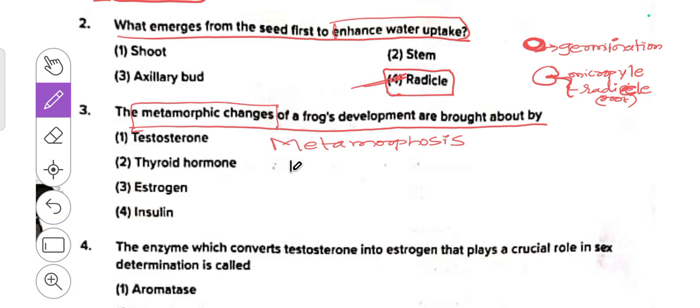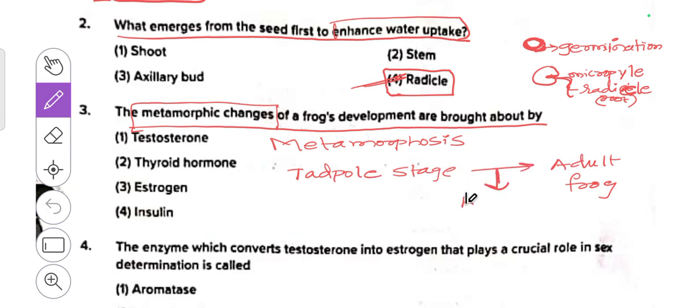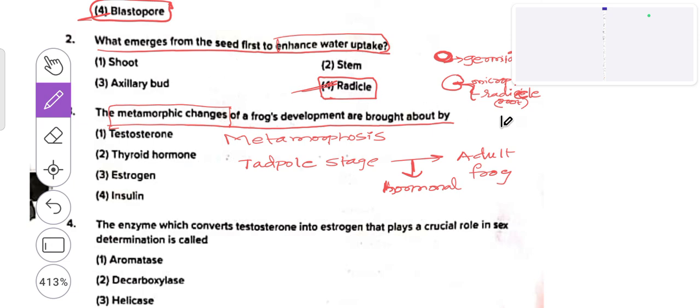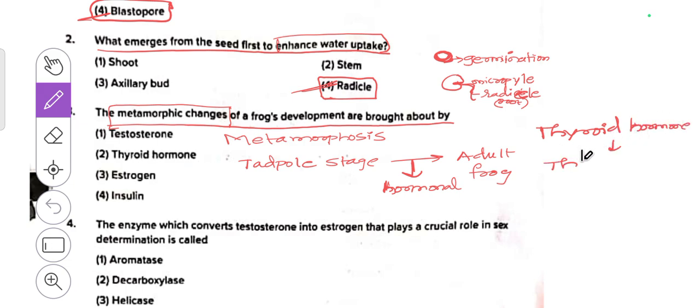In the case of the frog, the tadpole stage gets converted into an adult frog, and this conversion is hormonal. The thyroid hormone, that is thyroxine, is necessary. Thyroxine is an iodine based hormone.